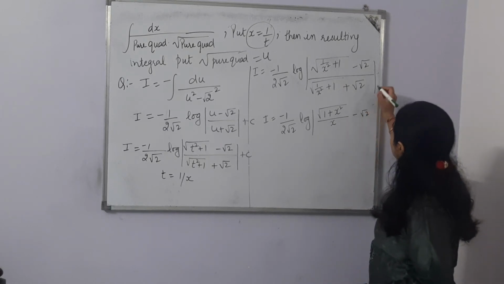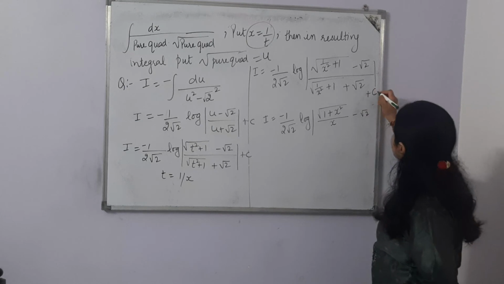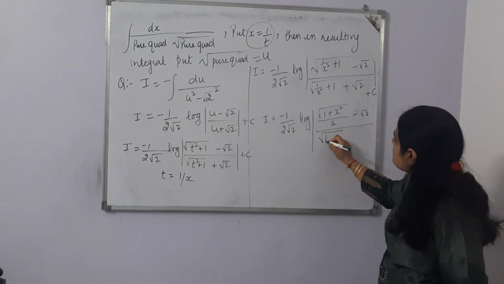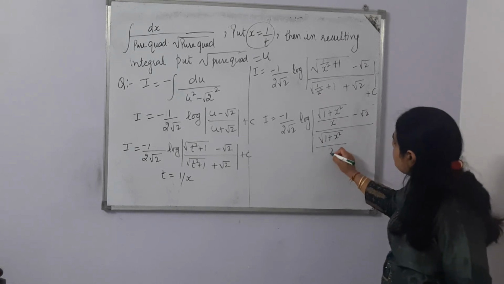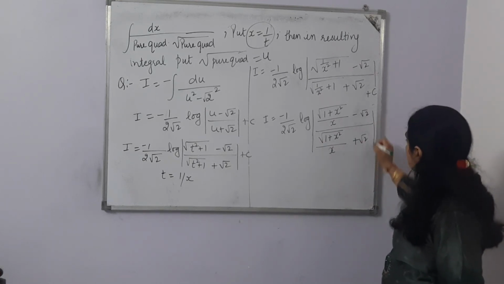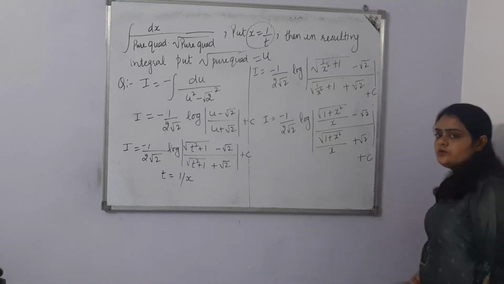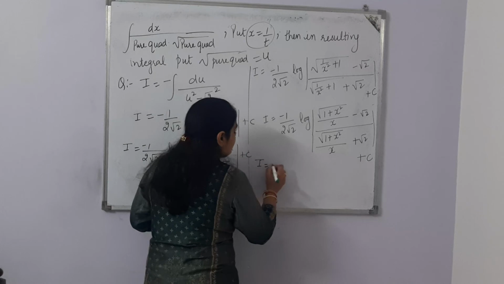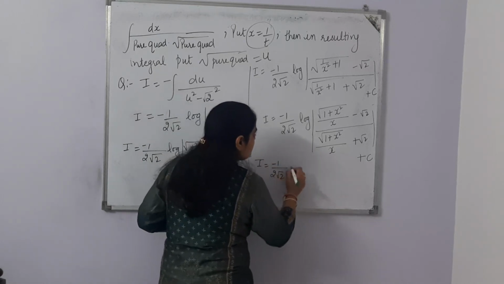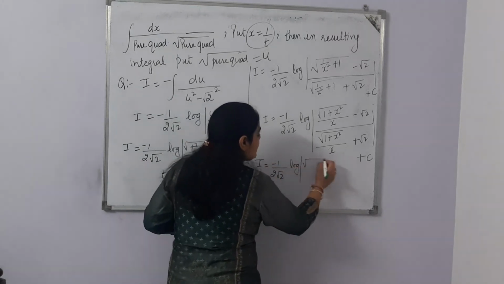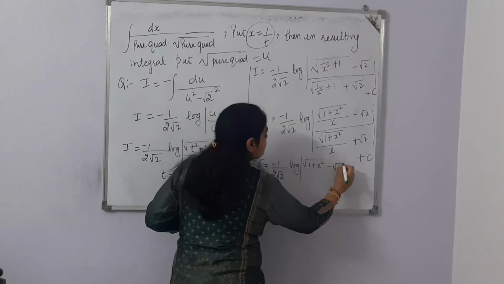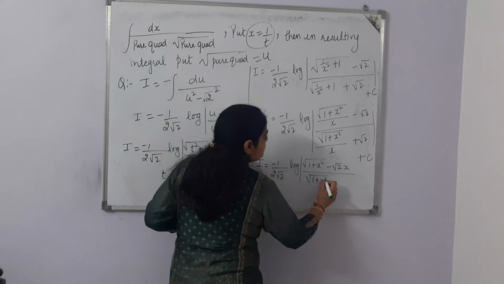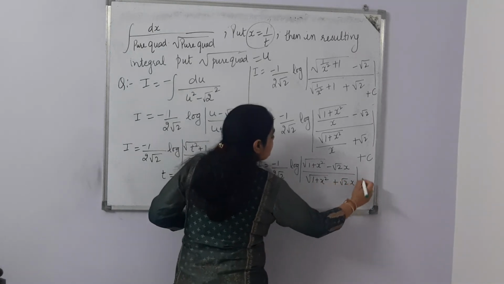Minus root 2, whole upon, again taking LCM, under root 1 plus x square upon x plus root 2, plus c. So now we need to take LCM again. So I is equals to minus 1 by 2 root 2 log of under root 1 plus x square minus root 2 x, whole upon under root 1 plus x square plus root 2 x, plus c.